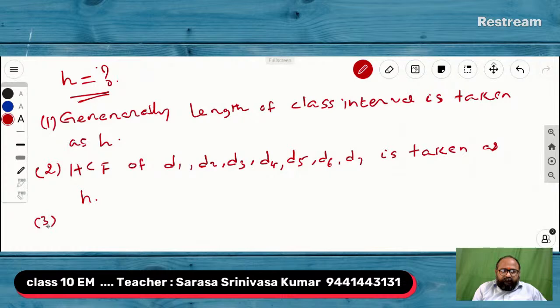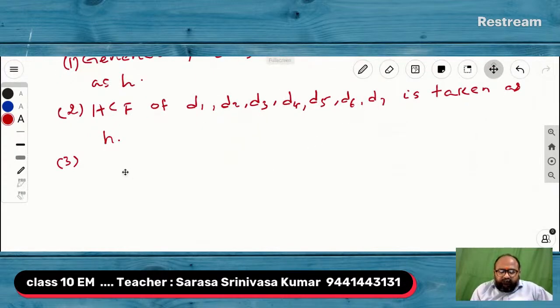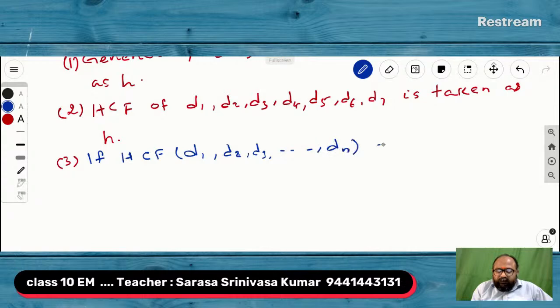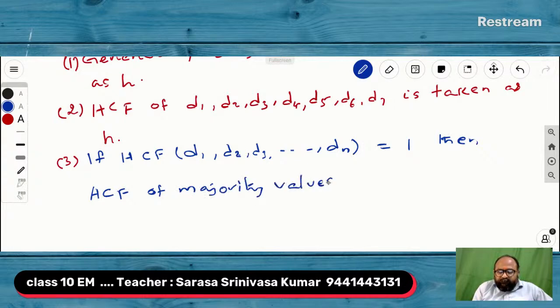And rule number 3: if the highest common factor of d1, d2 and so on dn equals 1, then the highest common factor of the majority of values of d1, d2, d3 and so on dn is taken as h.